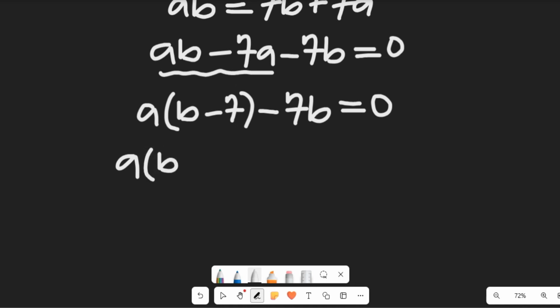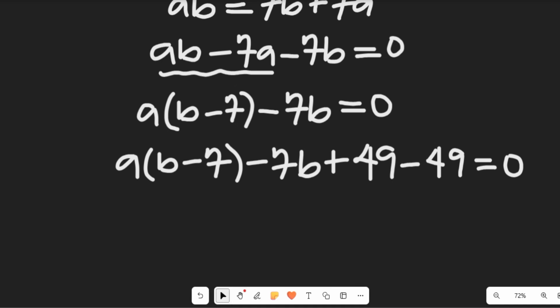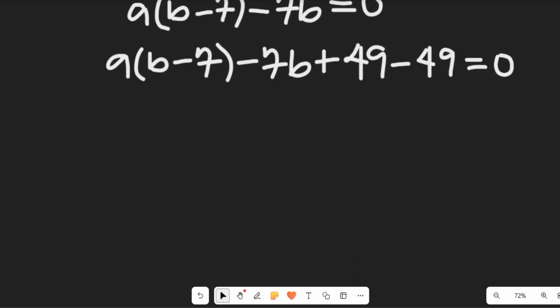So we'll have a, b minus 7, minus 7b, and this will be plus 49, not 47. 7 times 7 will give us 49, plus 49 minus 49. I didn't change anything, and this will be equal to 0. Now with that, I can easily simplify that expression.